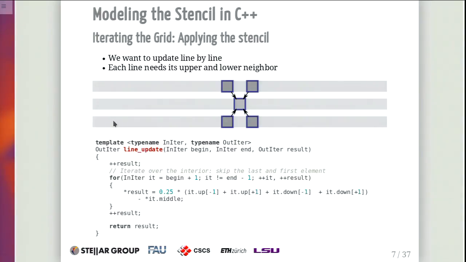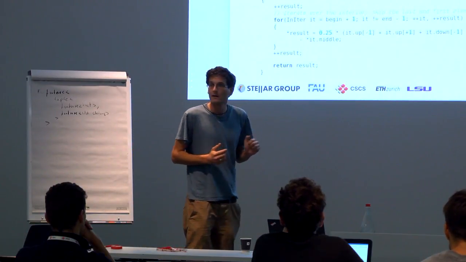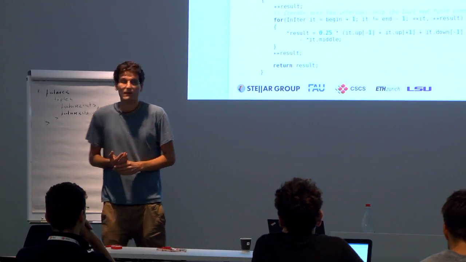And the signature of this function is very close to a signature of a function you'd get from the standard library. If you remember the transform example from yesterday, you had a very similar interface, right? You had the begin and end iterator and the result where you want to store it.